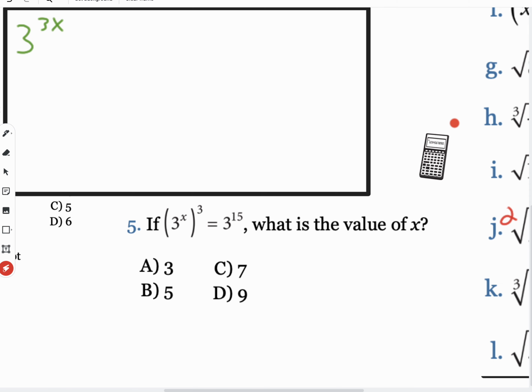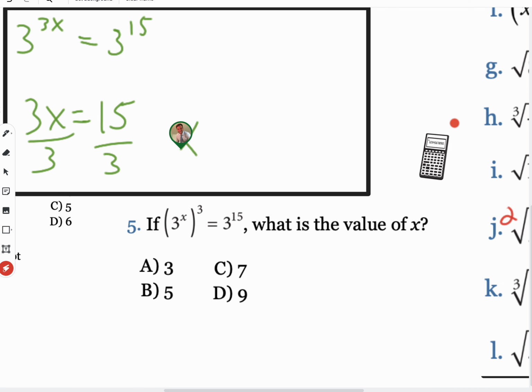So if 3 to the 3x power equals 3 to the 15th power, then 3x equals 15. We can divide both sides by 3 now to find that x is equal to 5. 15 divided by 3 is 5. The correct answer is B, 5.